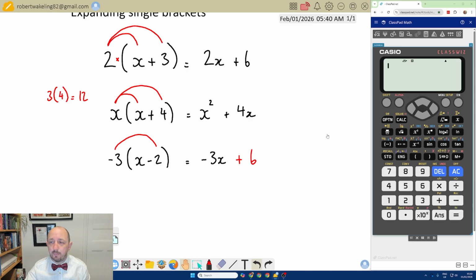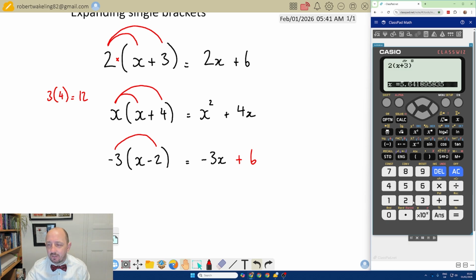So for now, we're going to put the question into our calculator, 2 brackets x plus 3, and we're going to use the calc button, not with the last answer. We're going to calc with a number like 2, 3, maybe 10 to make it nice and easy.